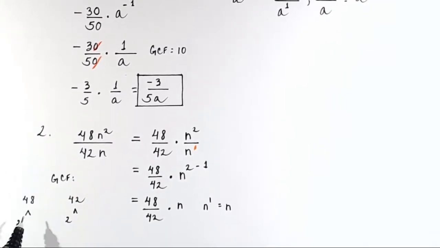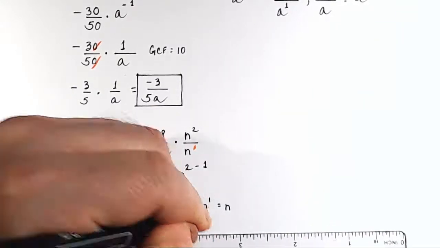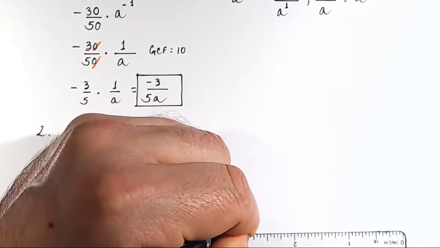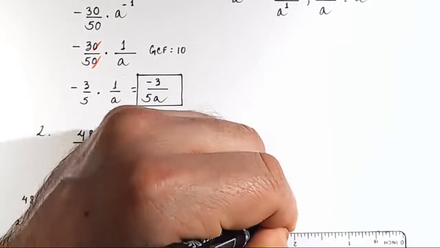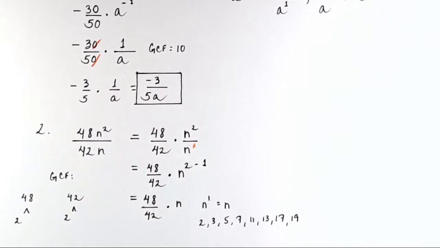So, 48 is an even number. Let's divide by 2. That's the smallest prime number that we can use. Let's remember our prime numbers are 2, 3, 5, 7, 11, 13, 17, 19, and that should probably be enough for now.